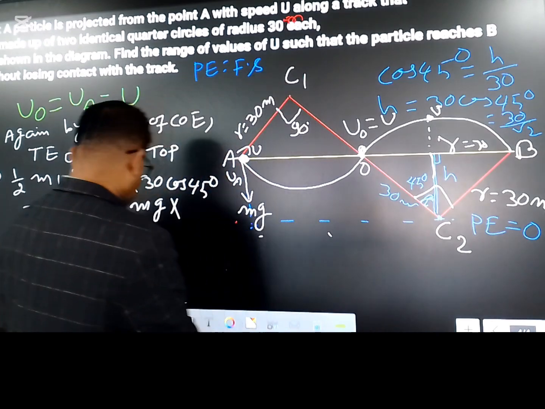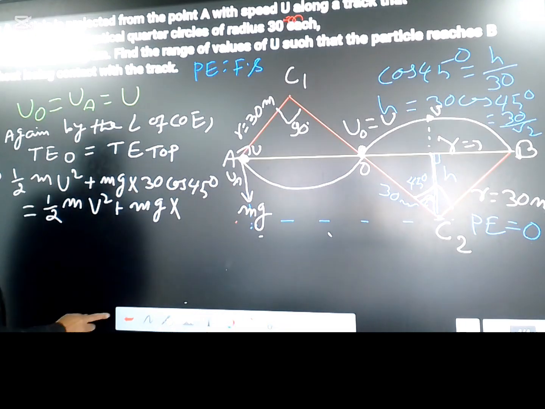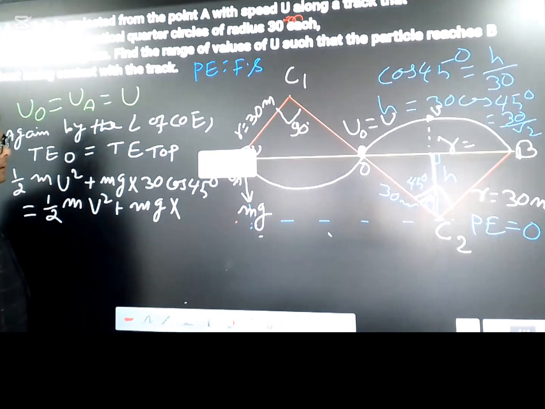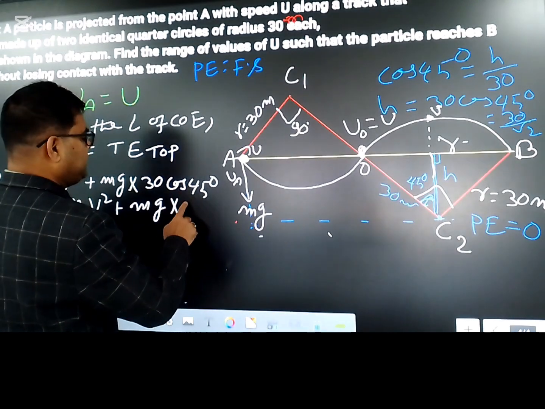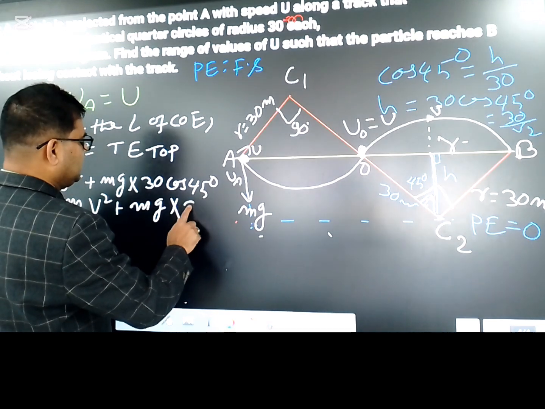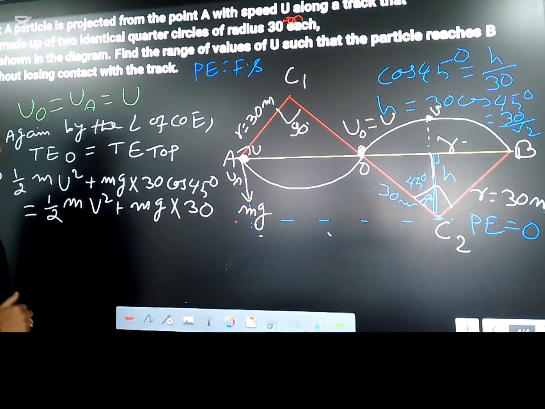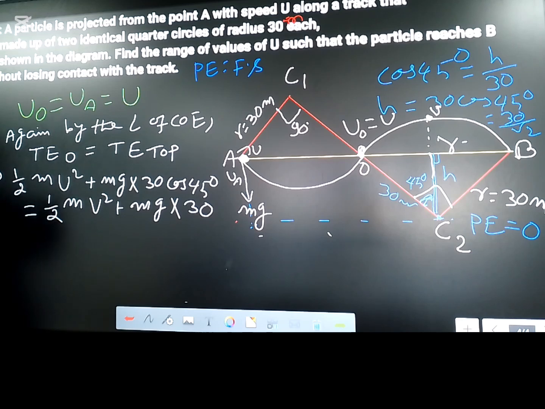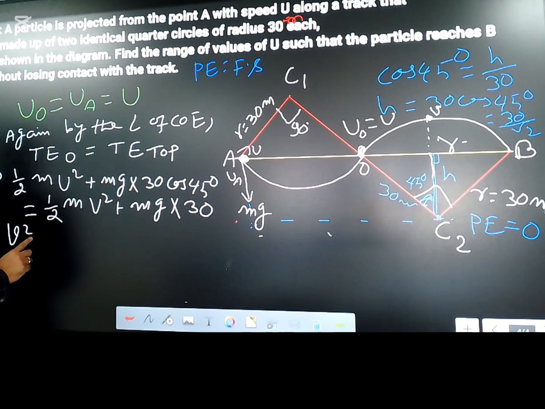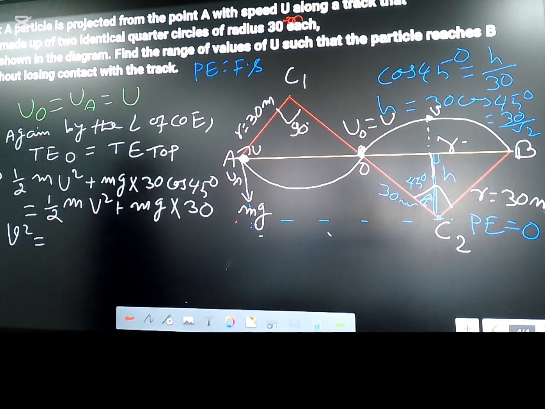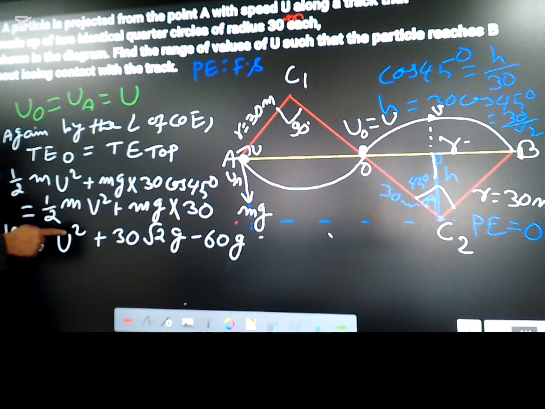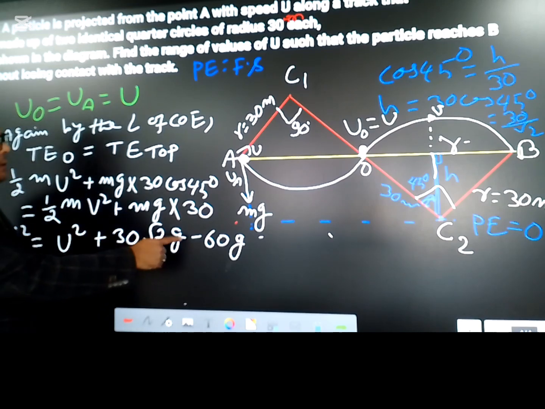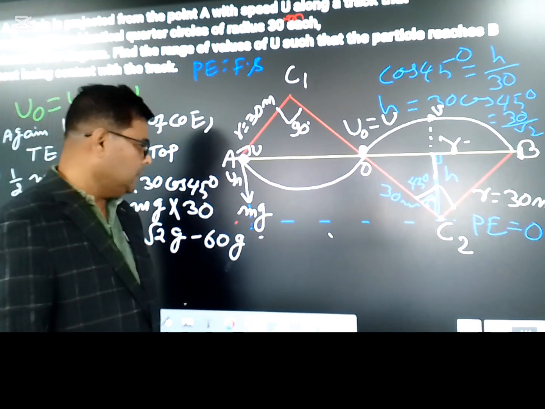So we write the height as r, here 30, that means 30 mg. Now separate v square. After solving it, you will find v square equals u square plus 30 root 2g minus 60g.